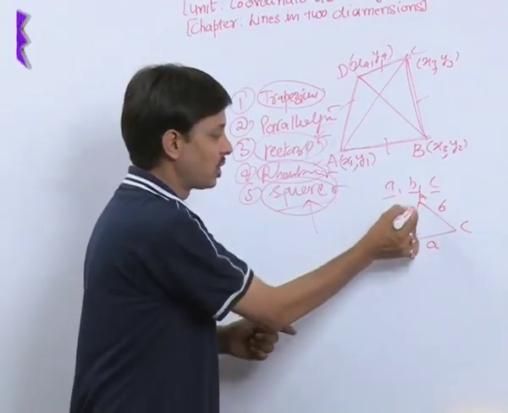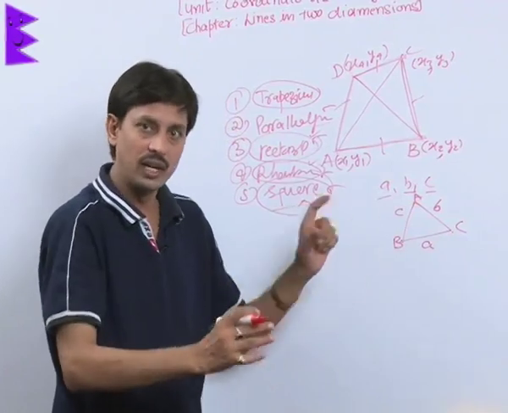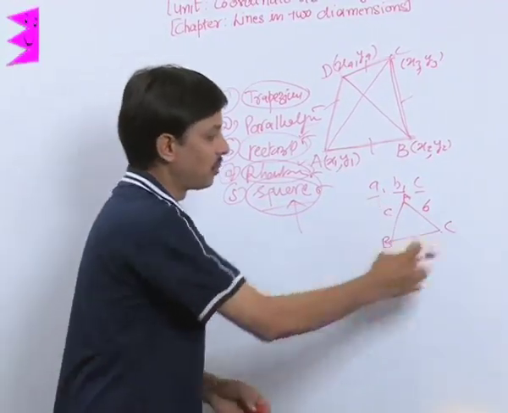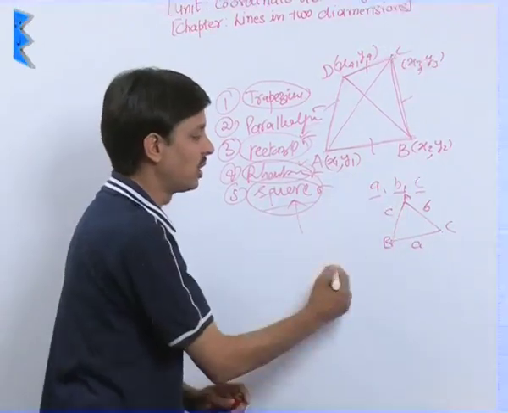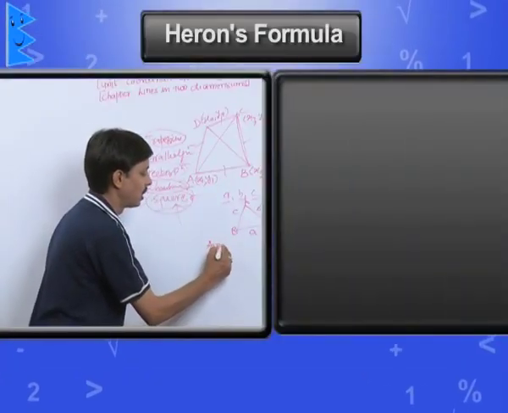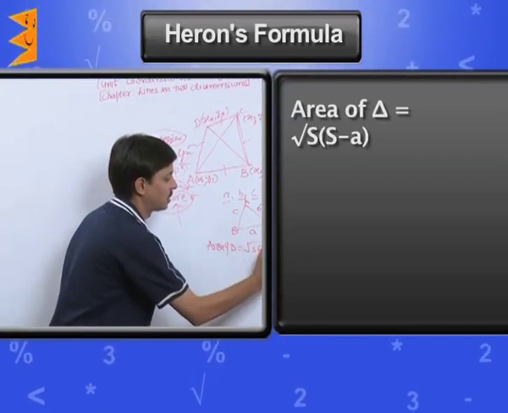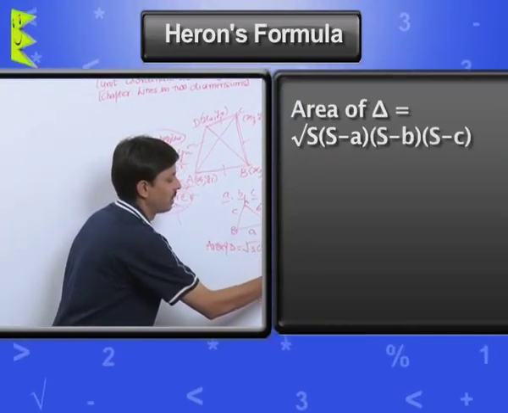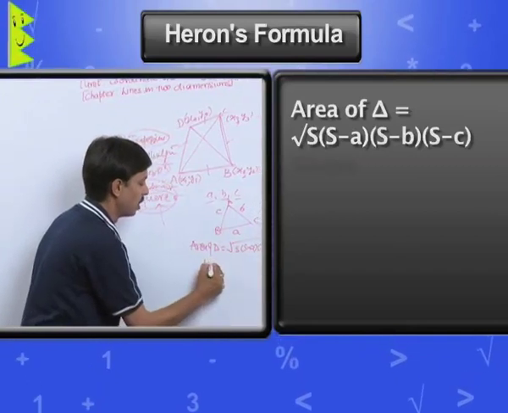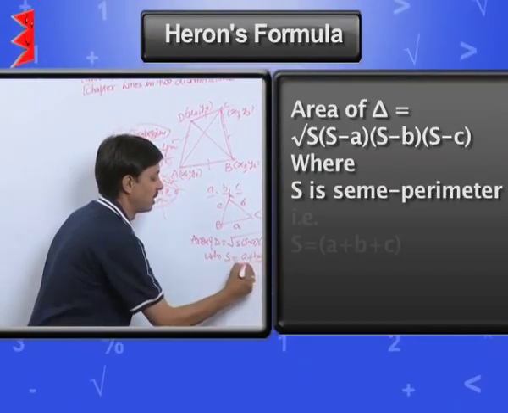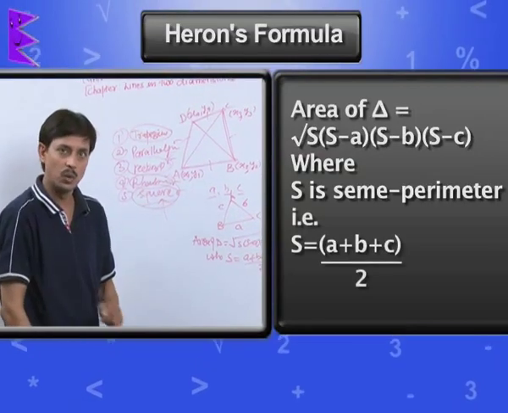By using the distance formula, we can calculate the lengths of the sides. Once the lengths are calculated, using Heron's formula the area of the triangle is the square root of s(s minus a)(s minus b)(s minus c), where s is the semi-perimeter, that is, the sum of all three lengths upon 2.